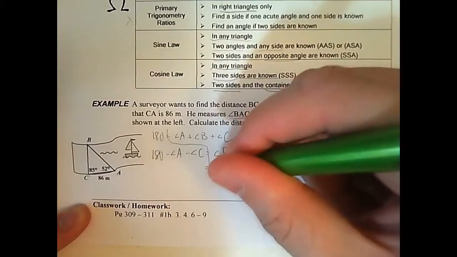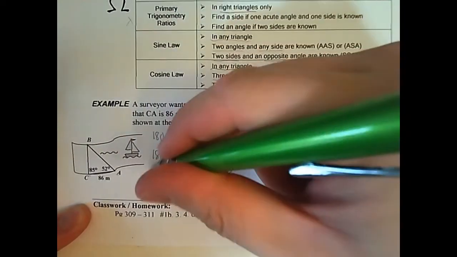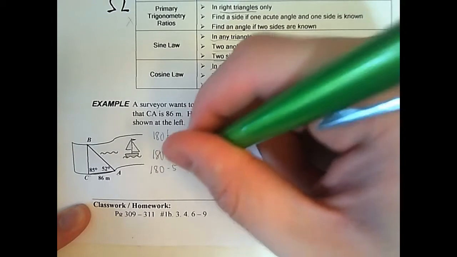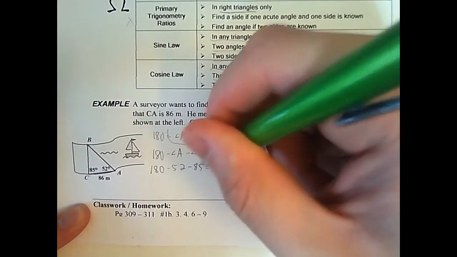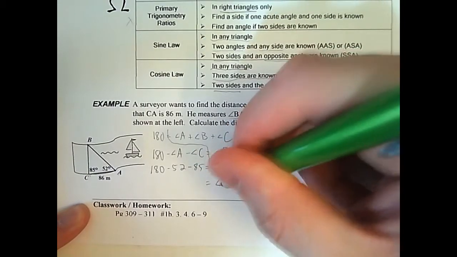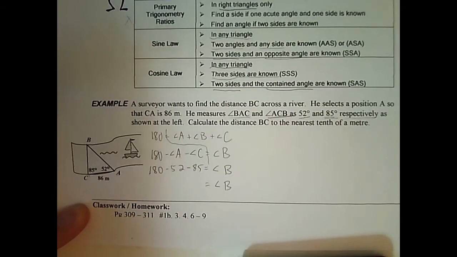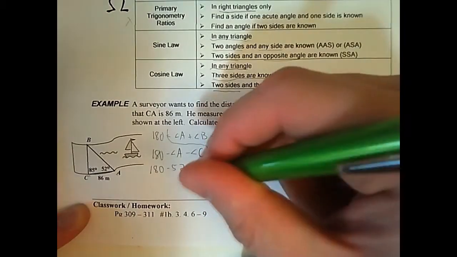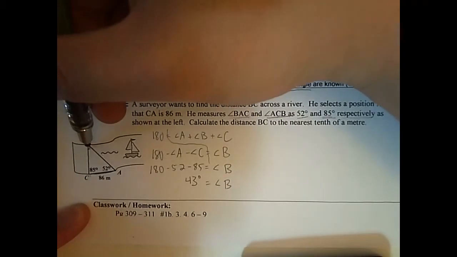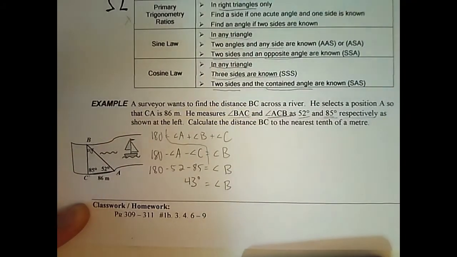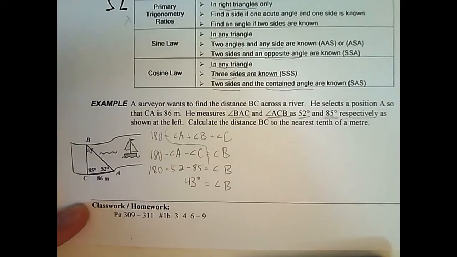We said angle A was 52 and angle C was 85. I subtract those, not divide, subtract them, and I get 43 degrees for angle B. I just wrote that in the little diagram. You can write that if you want to, but you don't have to.